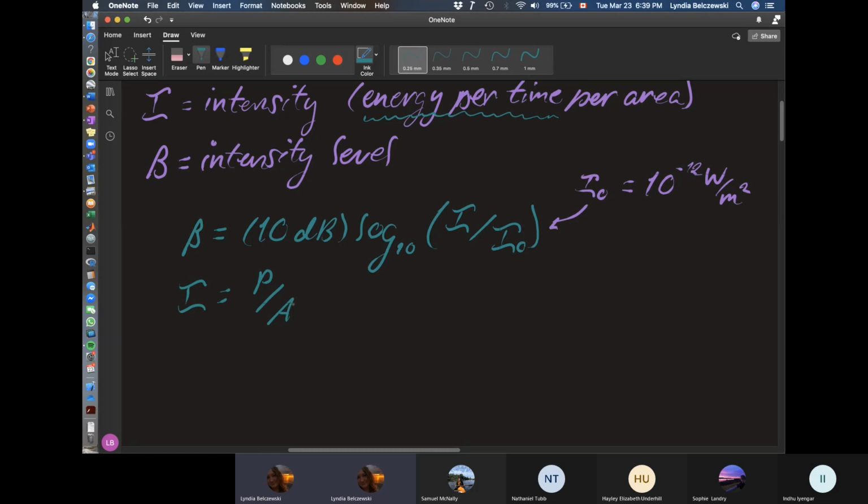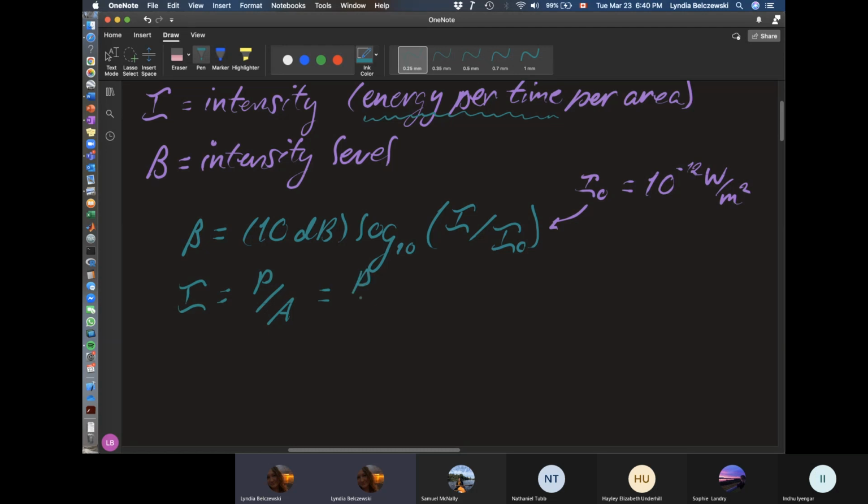So the area that we're looking at then is just a sphere with a radius r. And so depending on how far away you are from the source, that would be the radius of the sphere that is propagated outwards, and you could find the intensity that way. All to say, this area that we consider is the area of a sphere.